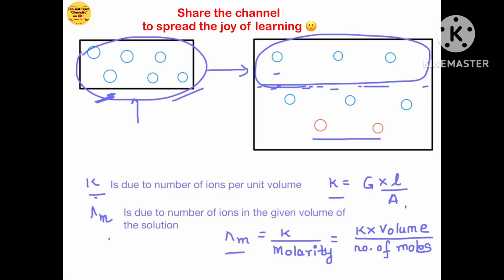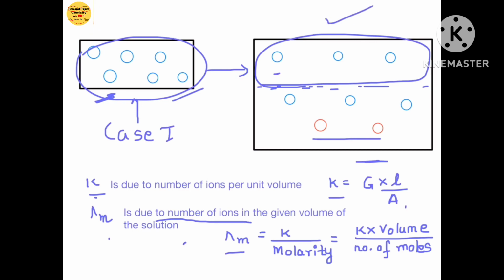Here you have to understand that molar conductivity is due to the number of ions in the given volume of the solution, in the entire volume of the solution. So when in the first case we had only 6 students in the class, in the new case, although the class size has got doubled, there are 8 students in the class or 10 students in the class, right?